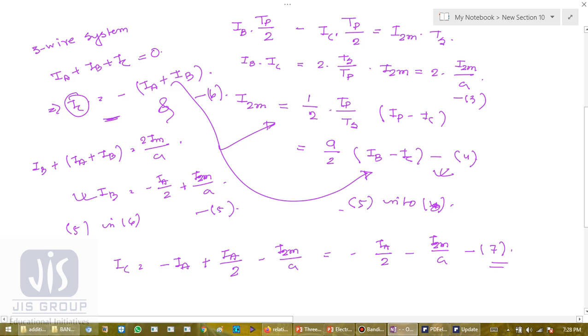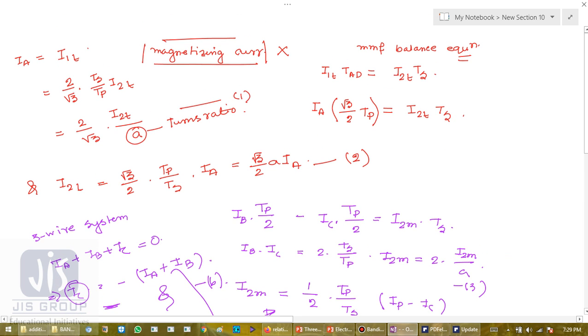Now if we see equation number this, I2t equals to root 3 by 2 TP by TS into IA, that is root 3 by 2 AIA.